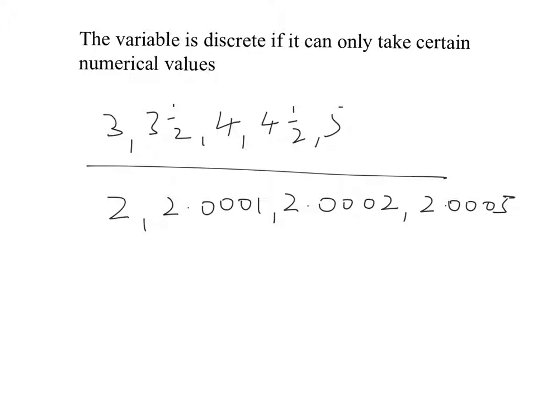The sample space here is discrete because it's not possible to get 2.00005. You can't get the numbers between those. So the variable is discrete if it can only take certain numerical values; it has to be numerical.